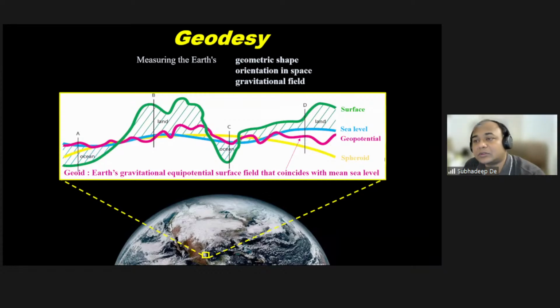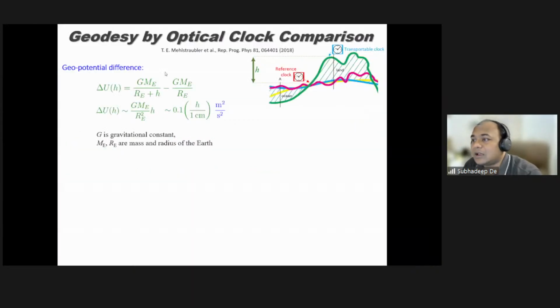This mass distribution could be a volcanic eruption, or the breaking of an iceberg, etc., where a lot of mass gets redistributed, and that is very much related to atmospheric changes, global warming, and all these sort of things. So it's very important to map these geopotentials very, very accurately. And that can only be done by an optical atomic clock. So let's see how it does.